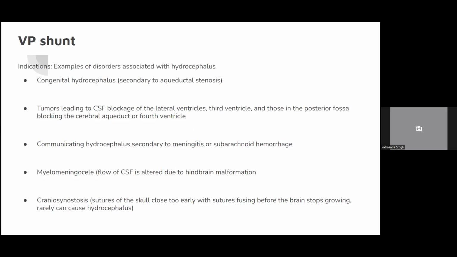Indications or examples of disorders associated with hydrocephalus for which ventriculoperitoneal shunts are useful include congenital hydrocephalus secondary to aqueductal stenosis, tumors leading to cerebrospinal fluid blockage of the lateral ventricles, third ventricle, and those in the posterior fossa blocking the cerebral aqueduct of fourth ventricle.